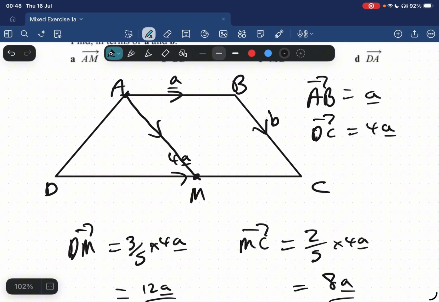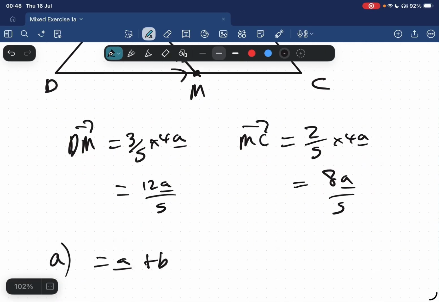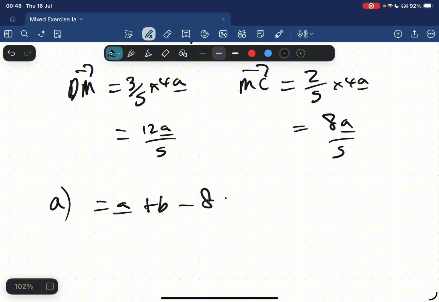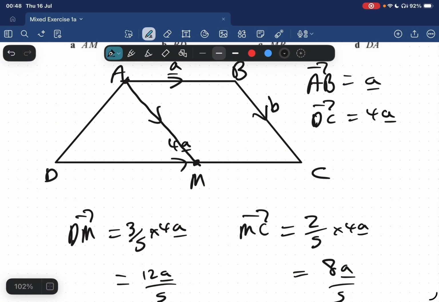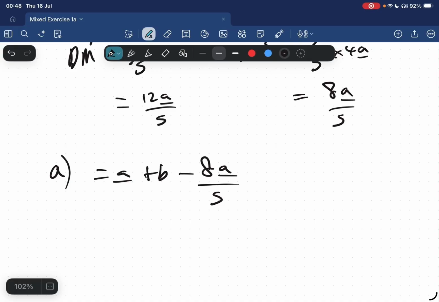Now, we know M to C, but we need C to M, so we take away 8a over 5, and that ends us where we need to end. Now we simplify, so we have b minus 3a.